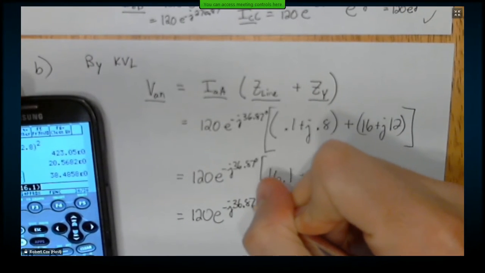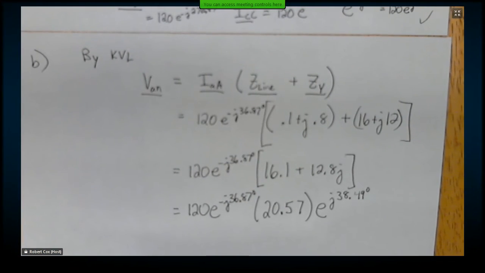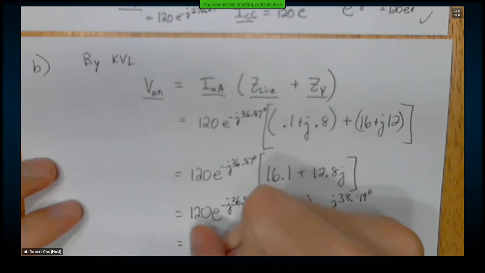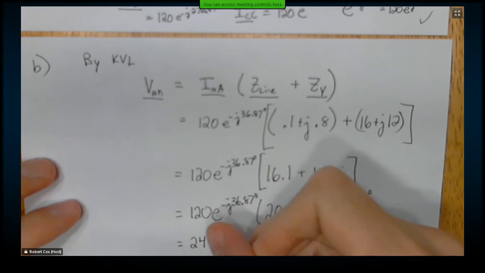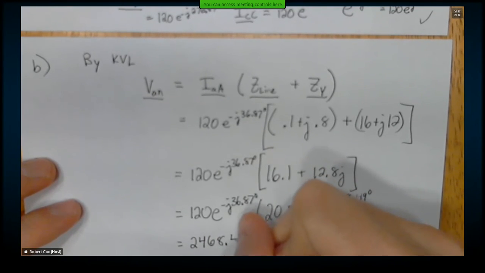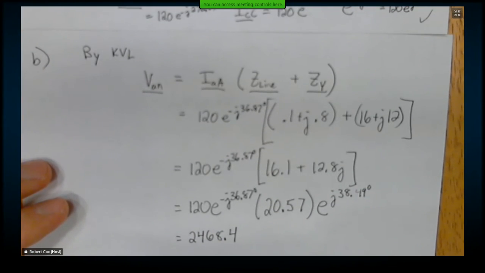When I multiply those two, I have 120 times 20.57, which works out to be 2468.4.